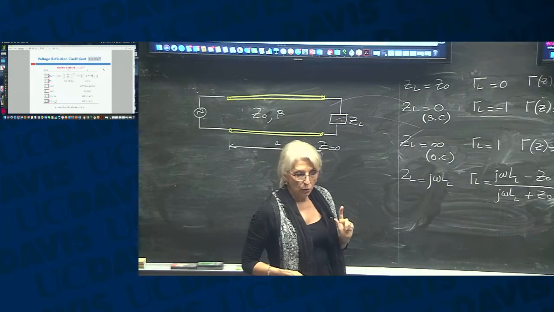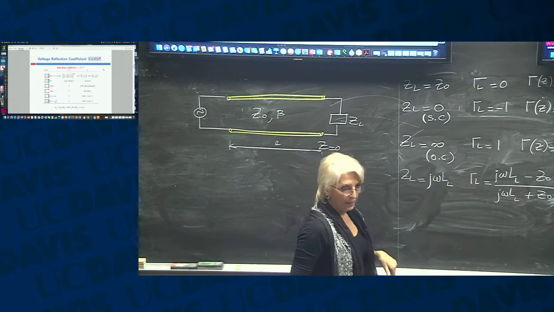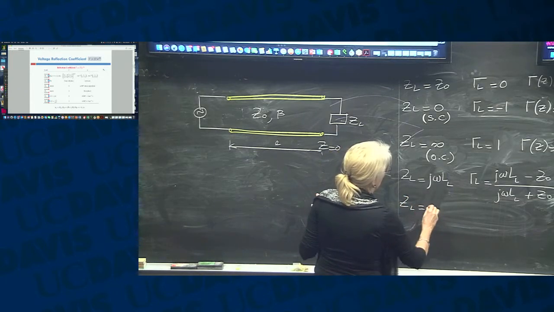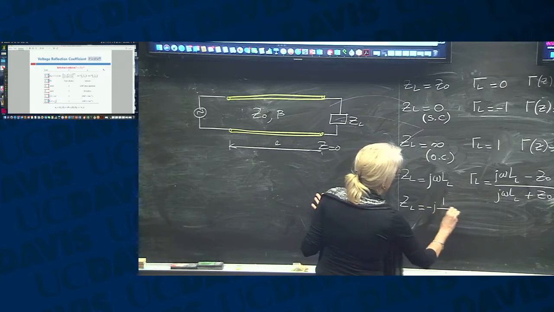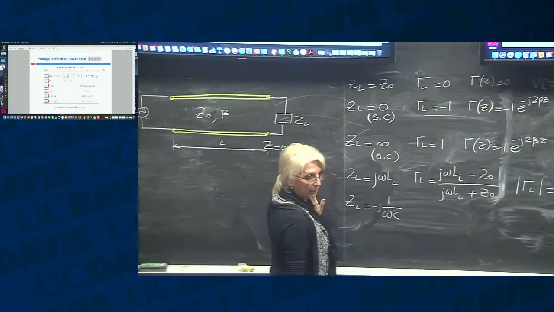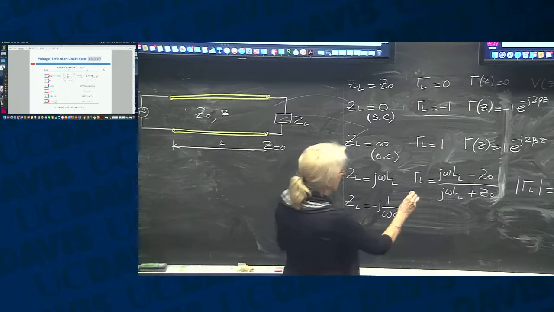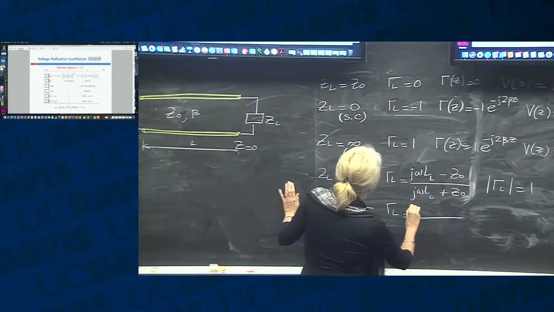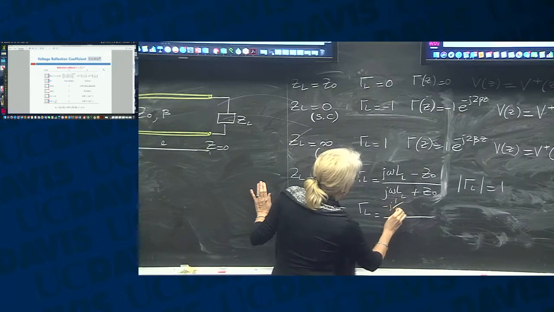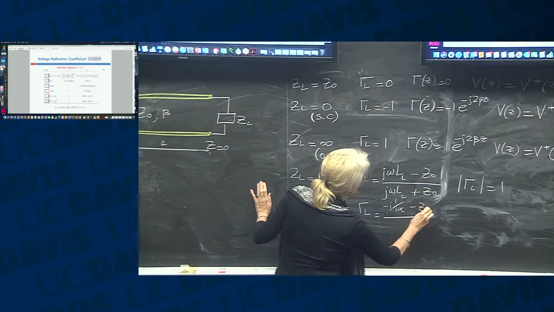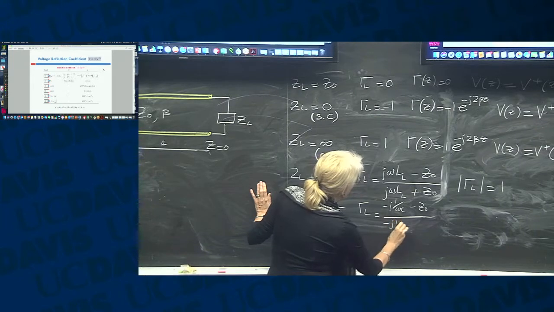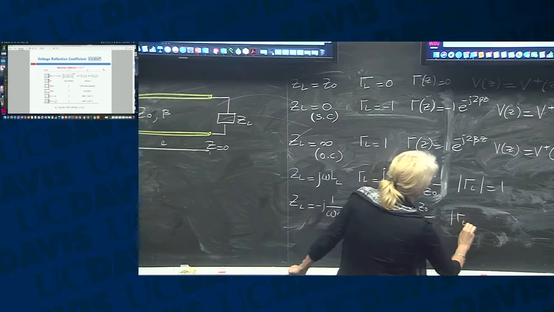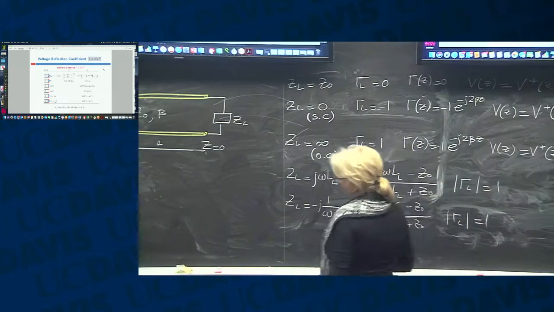You're going to also find the same if you have a capacitive load. All right? So, if Z sub L is capacitive, it's going to be minus j 1 over omega C. You agree? And then gamma L will be minus j 1 over omega C minus Z naught over minus j 1 over omega C plus Z naught, and gamma sub L is 1 in magnitude.